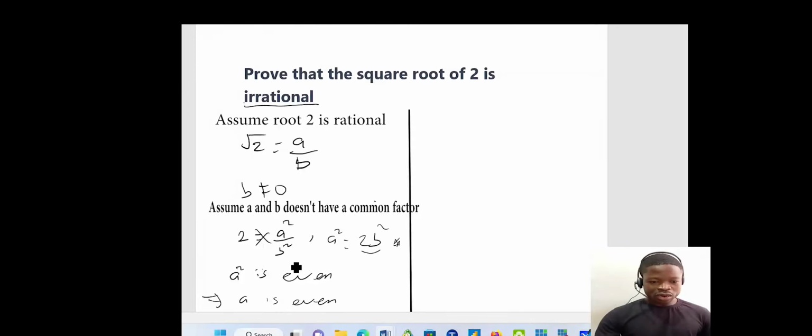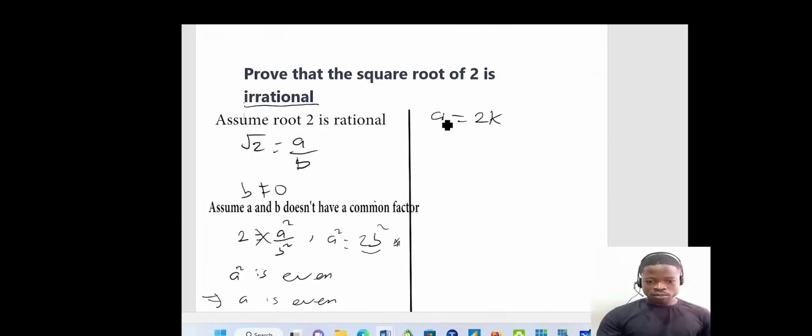So now we know that a is even. If a is even, then we can express a like this: a equals 2k, for all values of k being an integer.